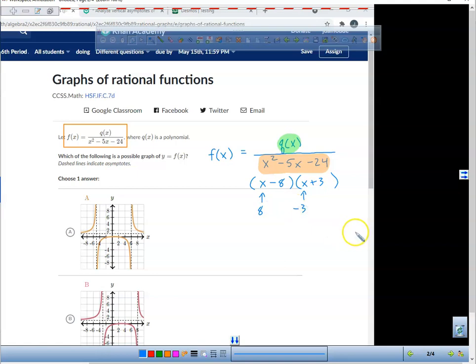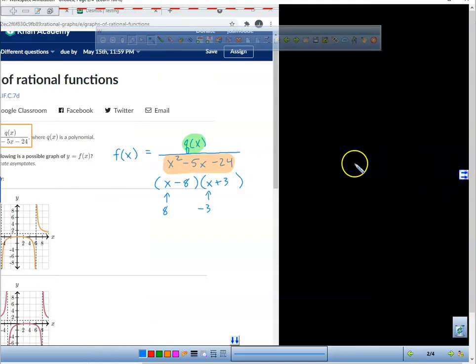Now, in a rational function, these babies could be a couple of different things. One of them, they could create some of these horrible things that you don't want to run into, called vertical asymptotes. Trust me, live long enough, got to watch out for them asymptotes. You could have a vertical asymptote at x equals 8 or x equals negative 3.